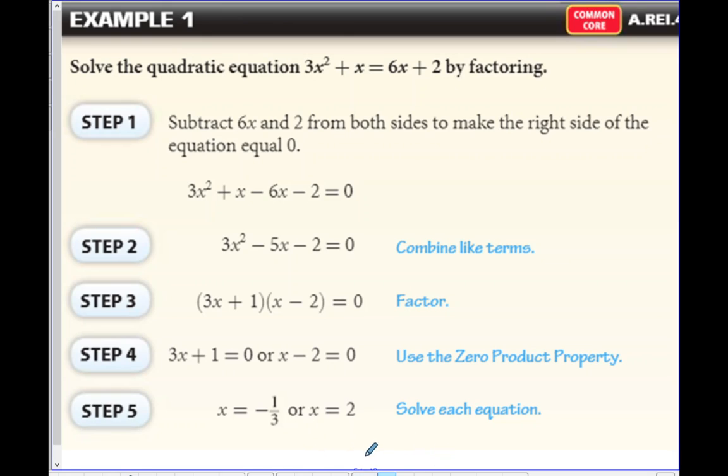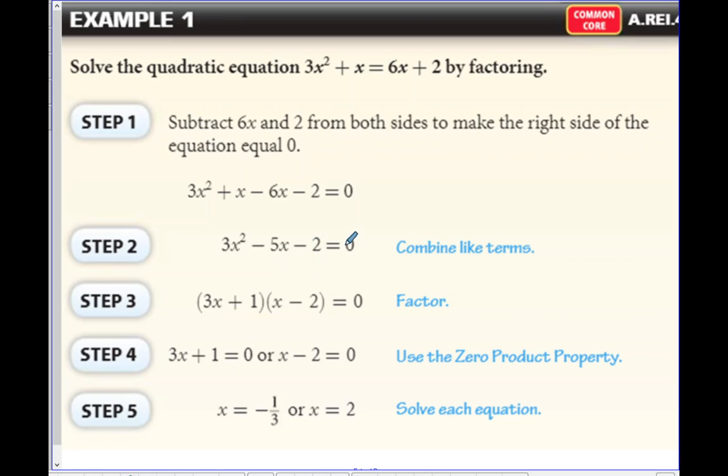Does that make sense? Yeah. All right, let me get the correct pen here. They subtracted 6x, so x minus 6x gave them the minus 5x, and then subtract 2, and they were left with this equation.